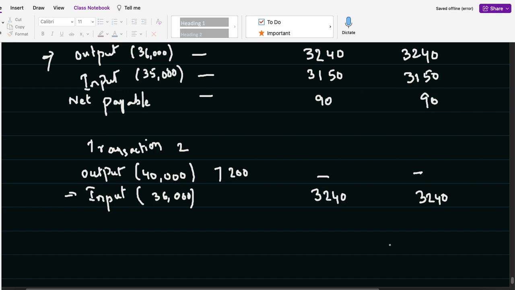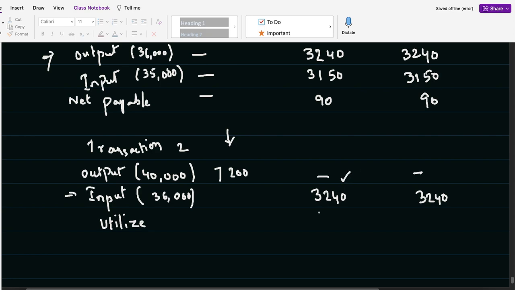Now, utilization of CGST. What will he do now? First, what can he utilize? He can utilize CGST against whatever IGST he has paid. He can utilize the CGST first, not the SGST. He has to utilize this first to offset it.